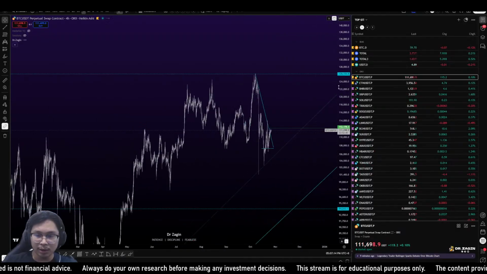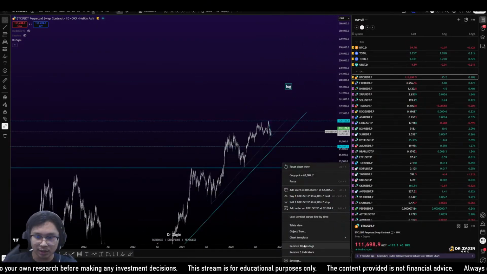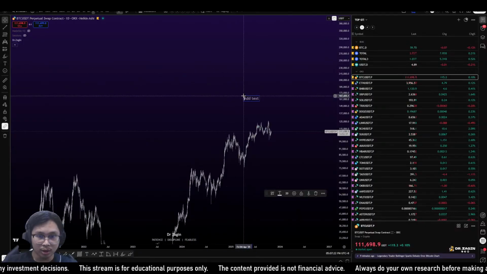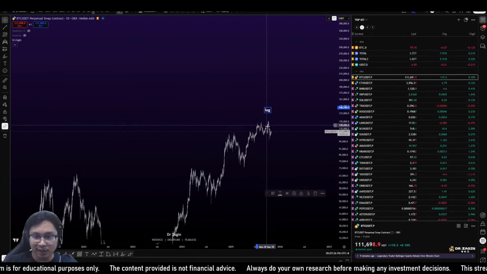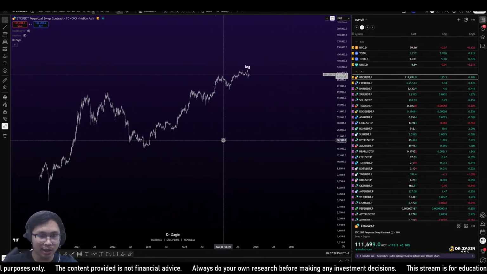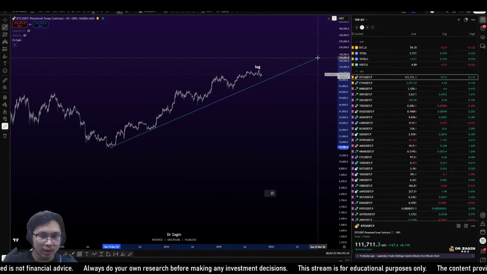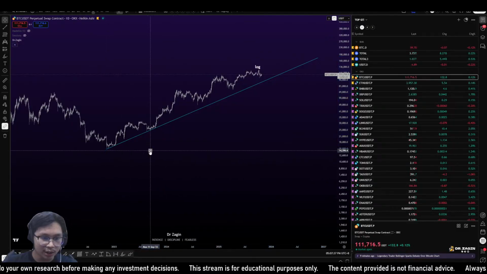So my chart for Bitcoin is on logarithmic. Okay, let's just redo this. Then I'll put log so that I don't get confused. Why is the chart messy if I turn it to regular? This is our strong long-term support.